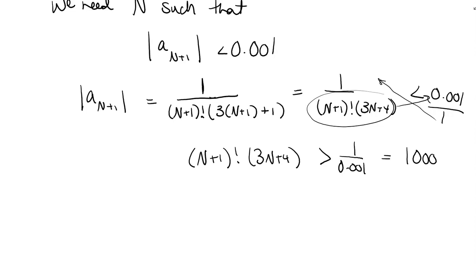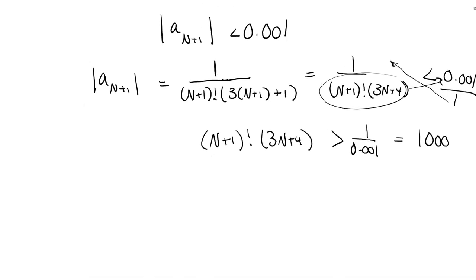So what I'm going to do is just calculate out the first couple of values of n and see how long it takes me to get a number that's bigger than 1,000. So for n equals 2, n plus 1 factorial times 3n plus 4, if I just put that in my calculator, I get 20, and that is not bigger than 1,000. So we're not good there yet.